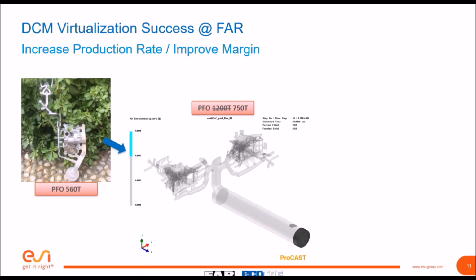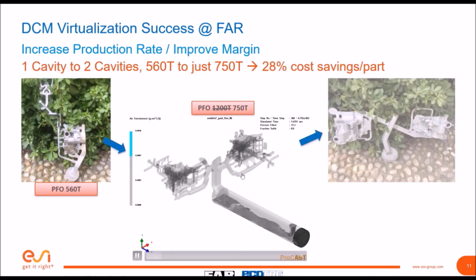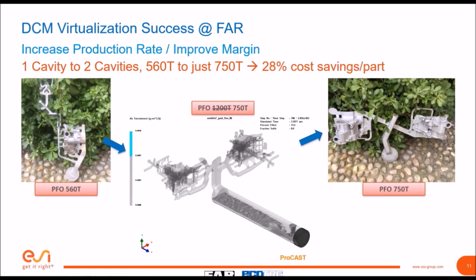The cavity was increased from 1 to 2, which meant that the standard calculations, without using the simulation, required a 1200 ton machine. However, because of the DCM virtualization, we were able to achieve the same on a 750 ton machine. So it was not required anymore to manufacture on a 1200 ton machine, but just a 750 ton machine was enough.